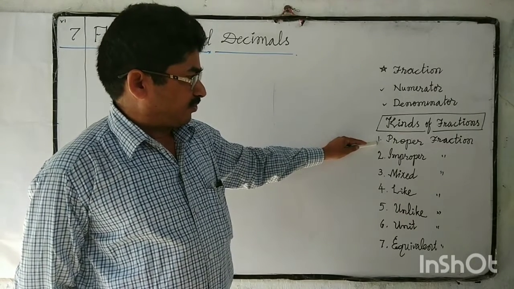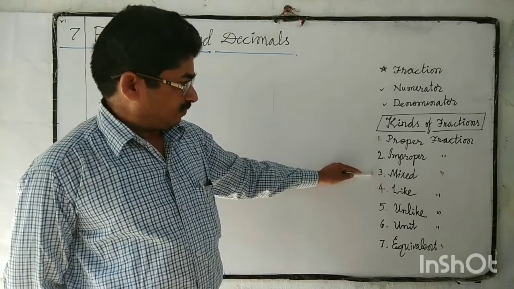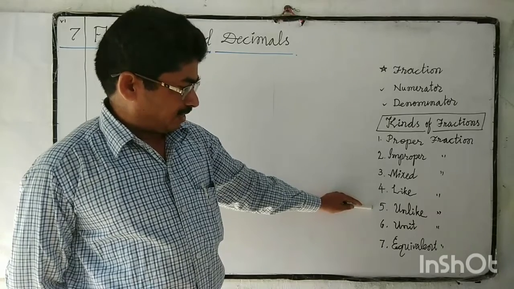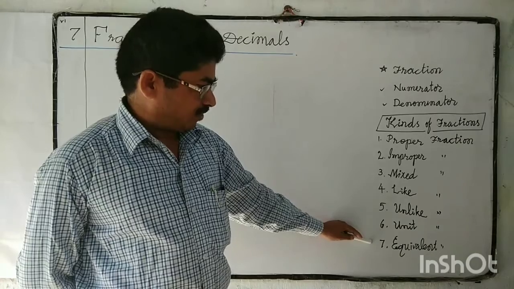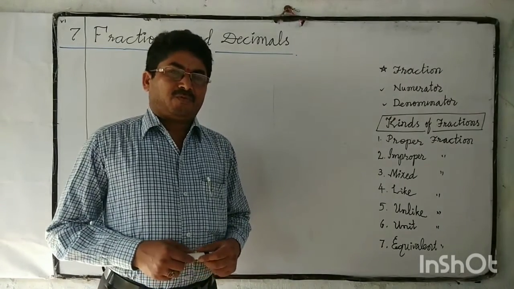First one, proper fraction. Second, improper fraction. Third, mixed fraction. Fourth, like fraction. Fifth, unlike fraction. Sixth, unit fraction. Seventh, equivalent fractions. Let us learn one by one.